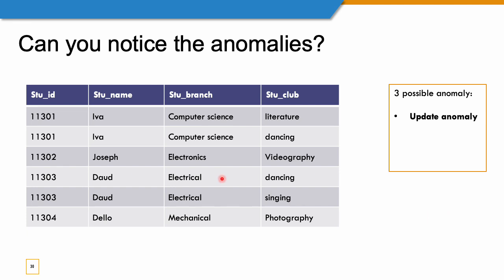And then if we add a new row for a student, for example Thomas, who is not part of any club, he's not joining any club in the school, we cannot insert the row into the table as we cannot insert a null value in the column of students' club. So this is called insert anomaly.